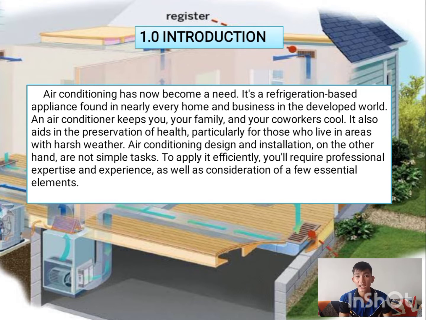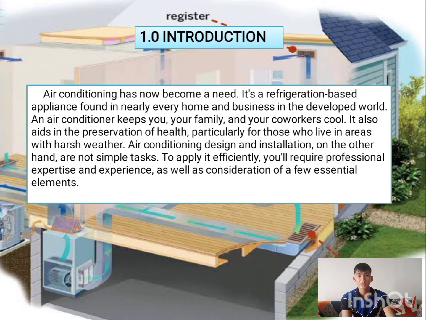So, air conditioning is not new for us because you can see it in our surroundings. Air conditioning is very useful for us, especially when we experience the heat of the sun. So in order for us to be comfortable, we install an aircon to feel cool. The primary purpose is to create a room climate comfortable for humans.